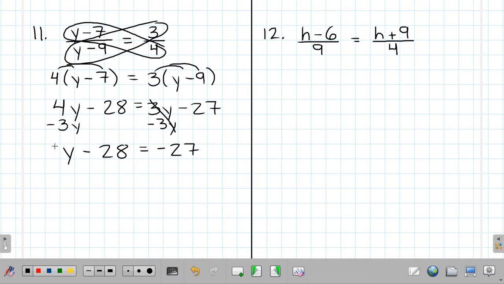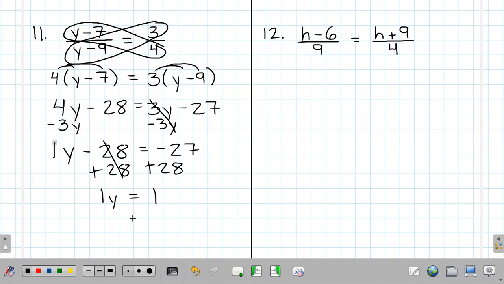Technically there is a 1 here, okay? But at this point, hopefully everybody would recognize if we have 1y, we can just erase that 1 and just have y. But if you wanted to carry it on through, it would just be a two-step equation, but not much of a two-step equation because we would do this. We would have 1y is equal to negative 27 plus 28.